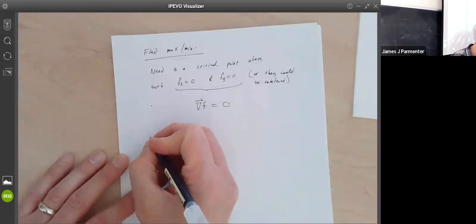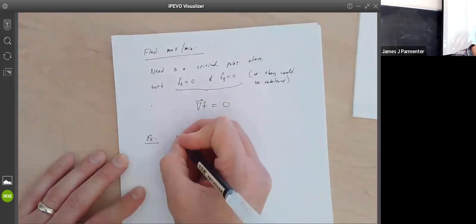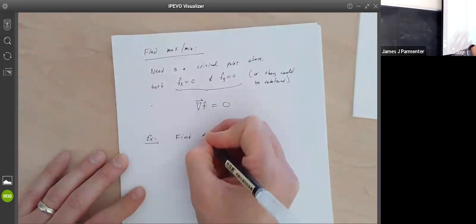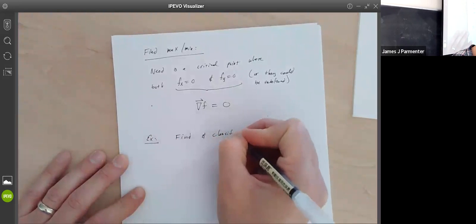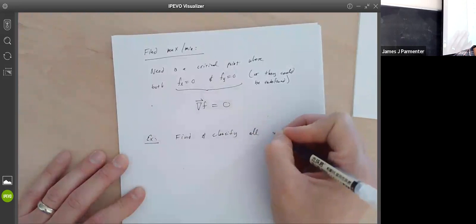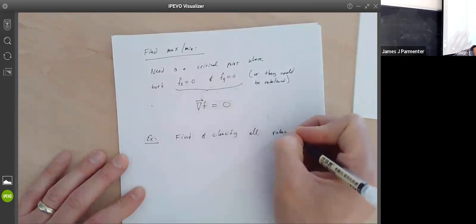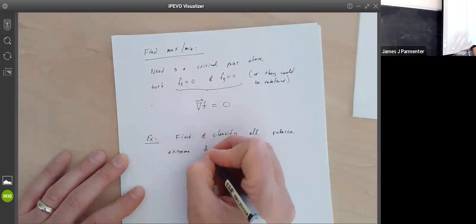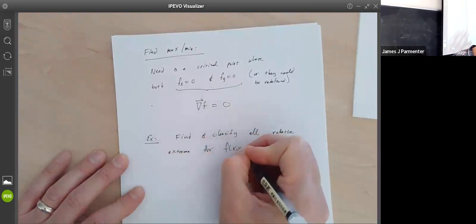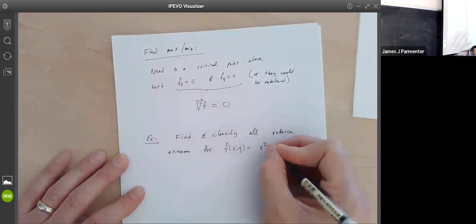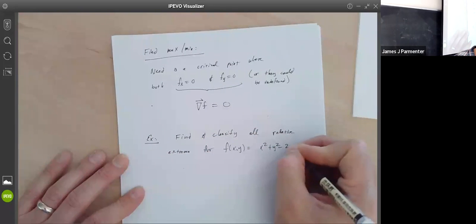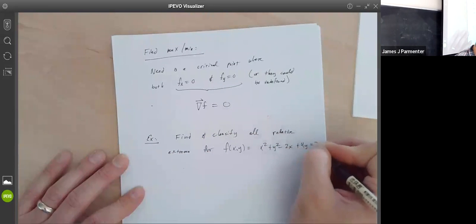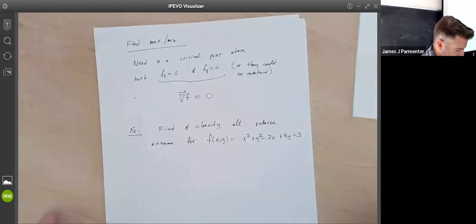So let's do some examples. Let's find and classify all relative extrema for the following: f(x,y) equals x squared plus y squared minus 2x plus 4y plus 3.